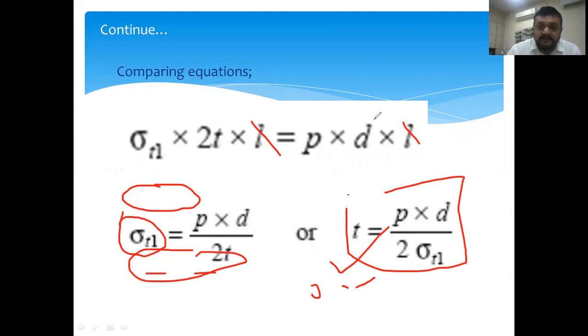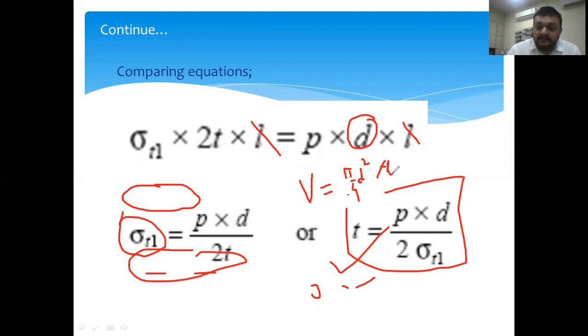In that case, the diameter is given. In some cases, the diameter may not be given, but some volume or capacity of the pressure vessel may be given. Then you have to take pi by 4 D square into L, that is the area into length, which is the volume.